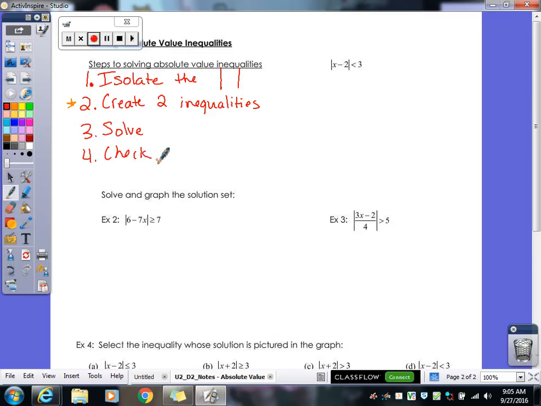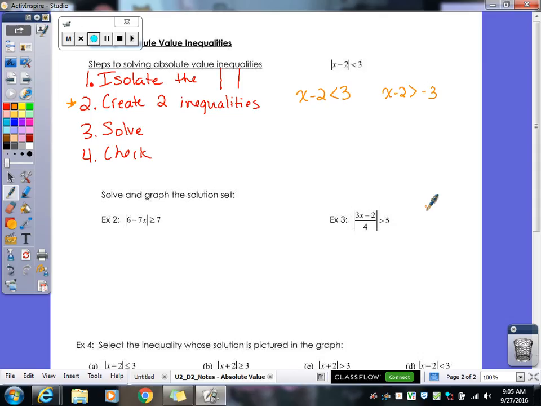So what we need to do when we create our 2 inequalities, like this one we already have our absolute value on its own. So we create our first inequality just like it's written, we just drop our absolute value bars. But when we take the second inequality, you need to flip your sign when you set it equal to negative 3. Because if you remember, when we multiply or divide by a negative, our sign flips.